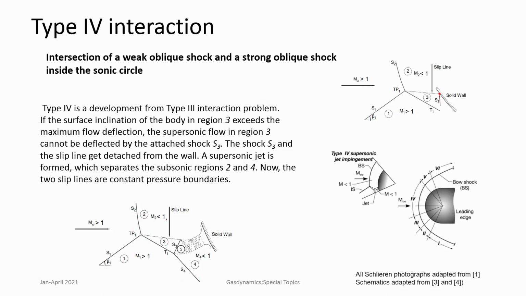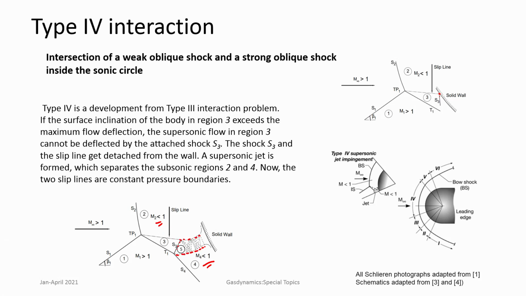In type 4 interaction, there is the formation of S3 over here. You get two regions, in which case this is region 2 where it is subsonic flow, similarly region 4 which is subsonic flow. But in between this there is a region 3 which is having a supersonic flow, and it is bounded by slip lines.